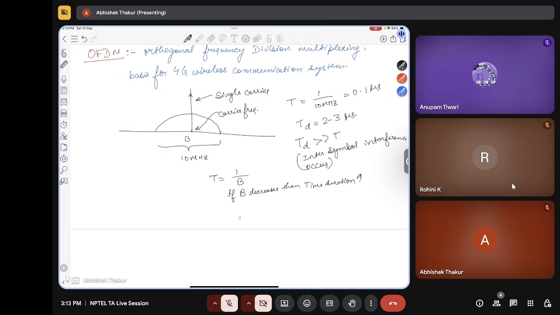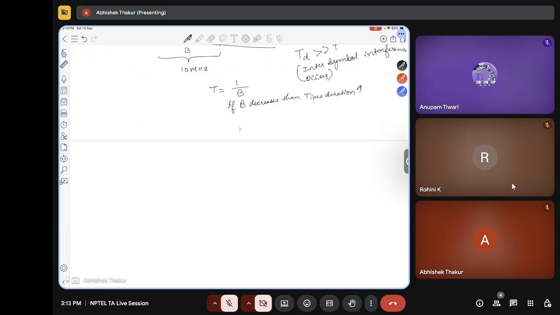So we have to reduce the bandwidth. How can we reduce it? By dividing into multiple subcarriers. Let's suppose this is a bandwidth of 10 megahertz, and we have N subcarriers.